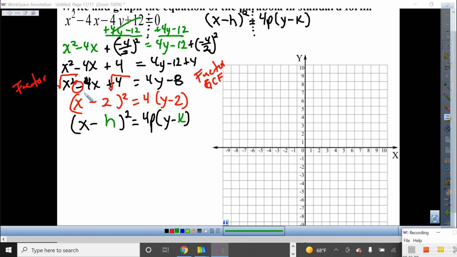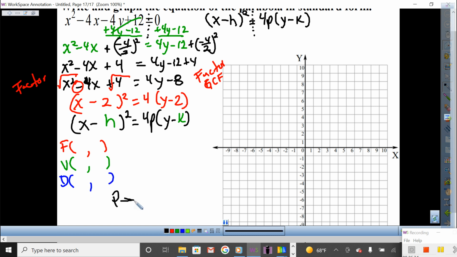But now what do we need, Mr. Q? We need to graph this, which means we need 3 things, don't we? We need a focus, we need a vertex, we need a directrix point, and we need p, which is the distance between all 3 points.